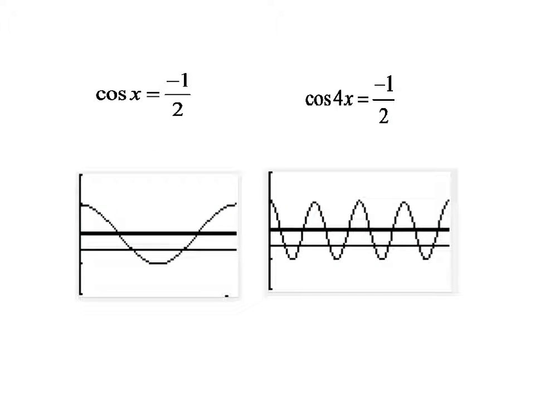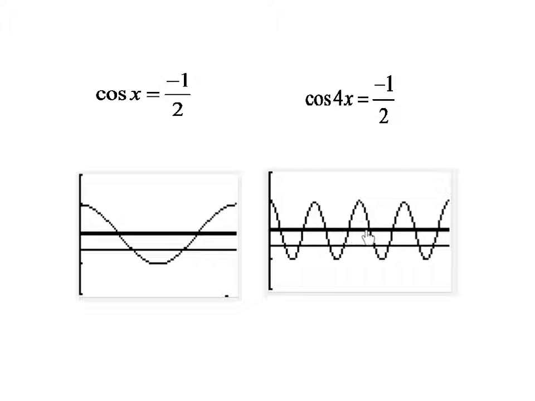Looking at this, I can see now cosine x equals negative 1/2. Negative 1/2 is right here. My first answer was in the second quadrant. That was 120. My second answer in the third quadrant, x is 240. Okay. If I go to cosine 4x though now, my cosine curve gets squished by a factor of 4.